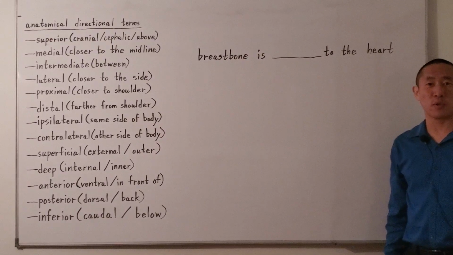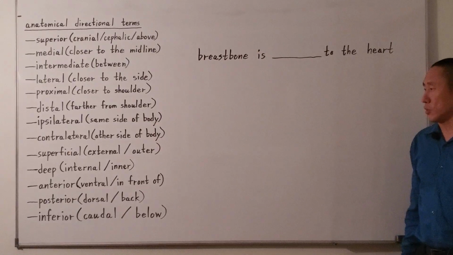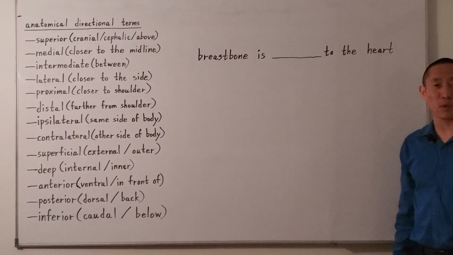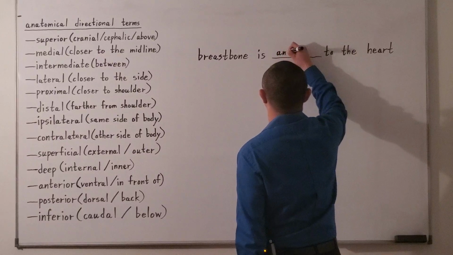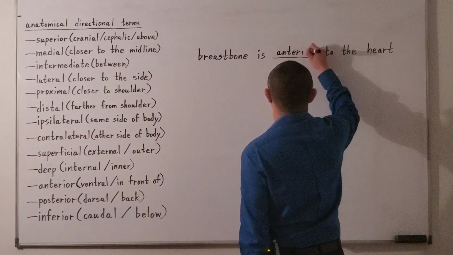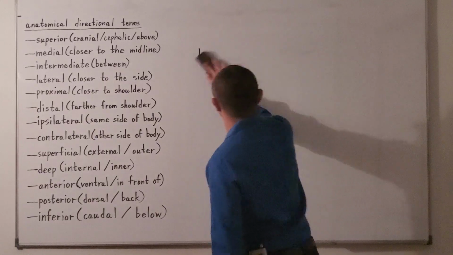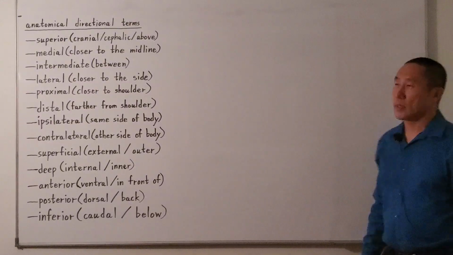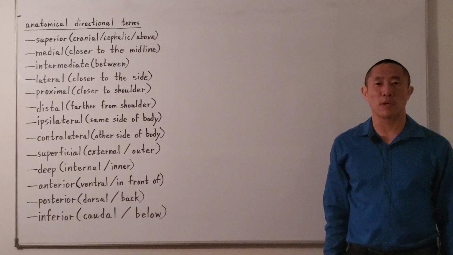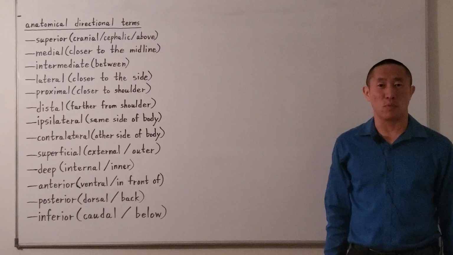We know that the breastbone is located in front of the heart, so you can use in front of as the term here, and the technical term for in front of is anterior. Okay, we just talked about these directional terms and what they mean.